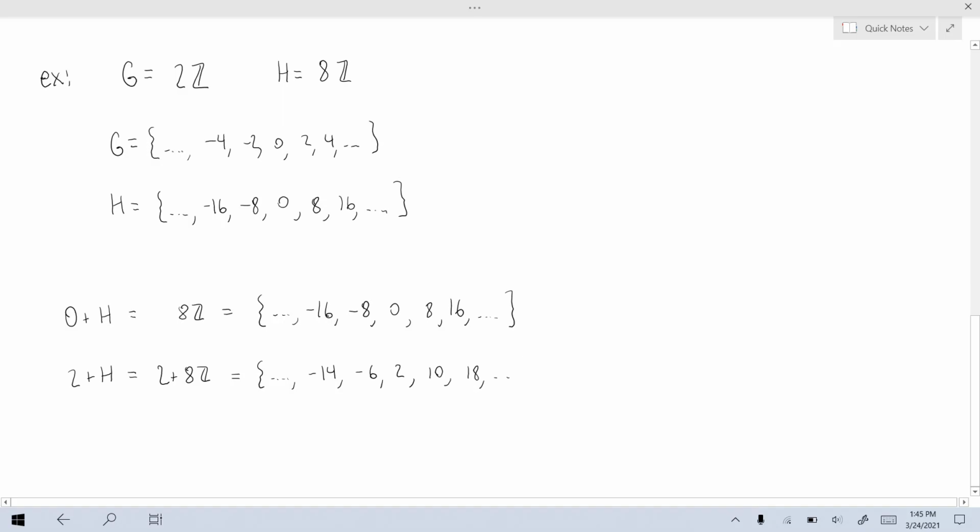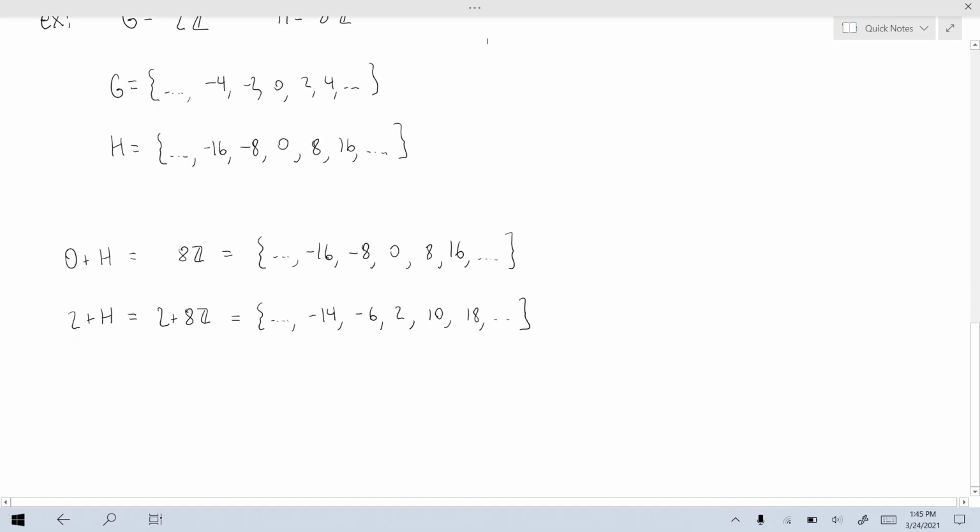So then, to know if you have all of the cosets, again, you just need to check to see, do you have all of the elements of your group accounted for in the cosets? So I have the numbers like 0 and 2, but I'm still missing the numbers 4 and 6, for instance, right?